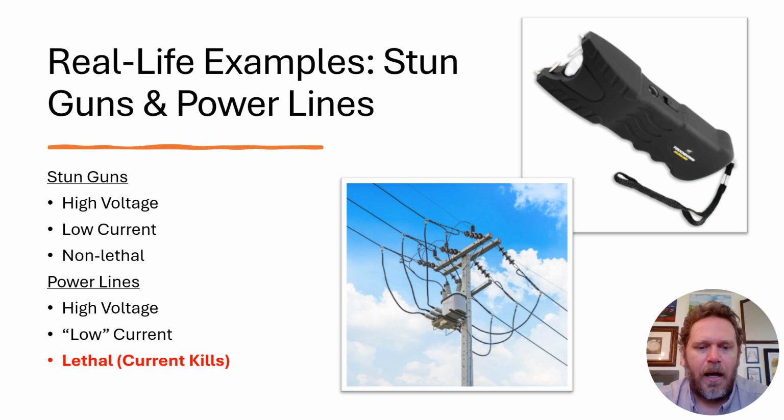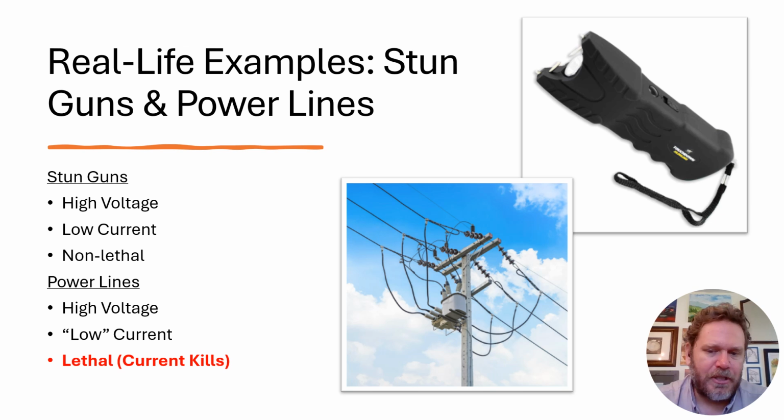All right, power lines are also a high voltage, low current situation. And here we have to really put low current in quotes, because this low current can still kill you. One of the things they do with electric power lines is they actually limit how much electricity they send along the line, and rather what they send you is the high voltage. Current going through things, all those electrons, they create a lot of heat and it's a lot of wasted energy.